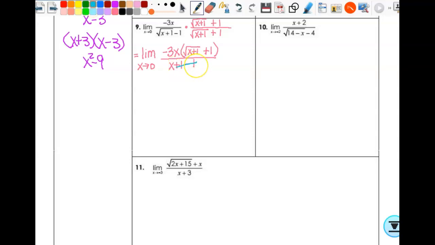Plus 1 minus 1 zeroes out, and then I can cancel this x with this x. So that leaves me with the limit as x approaches 0 of negative 3 times the square root of x plus 1 plus 1.